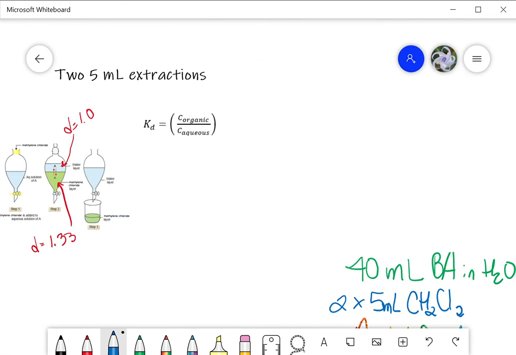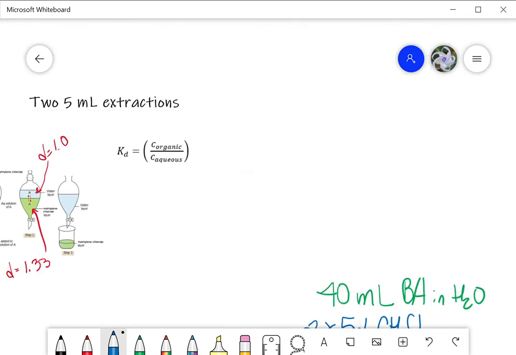So our distribution partition coefficient formula is going to be a little more complicated, but let's start off with knowing that our partition coefficient, and in this case we know it's benzoic acid, still has the same value of 2 when it's extracted with methylene chloride. But this time our numerator is going to be X1, which will be the amount of benzoic acid that goes into the organic layer for the first 5 milliliters.